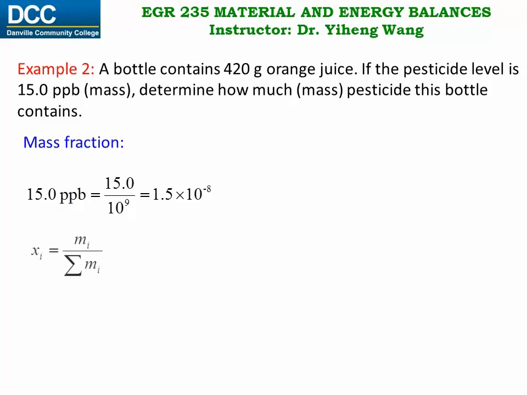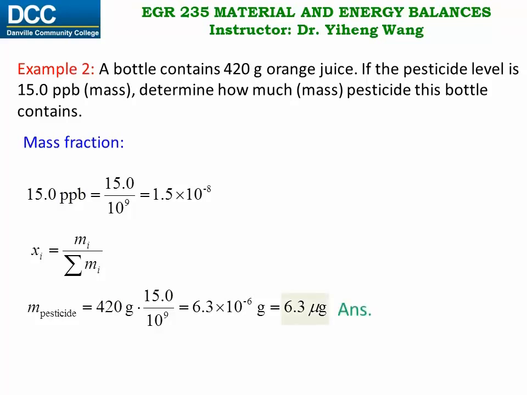And by definition, mass fraction equals the mass of the component divided by the total mass, and we know the total mass is 420 gram. Therefore, we can calculate the mass of pesticide inside this bottle to be 420 gram times this mass fraction, and that is 6.3 times 10 to the negative 6th power gram, which is 6.3 microgram.